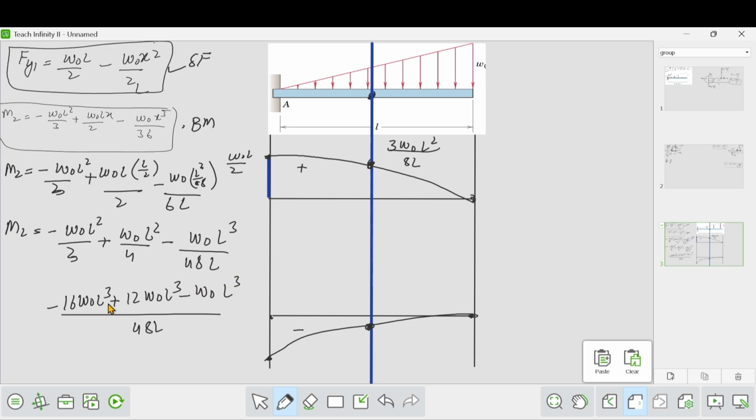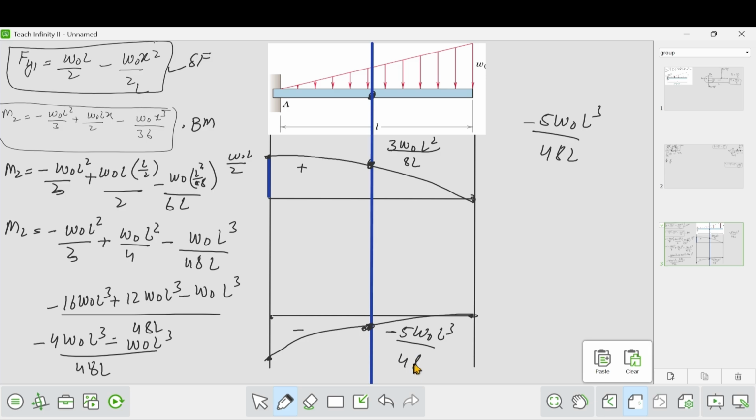So 12 minus 24, minus 12, will be negative 4 omega naught L cube. This will also be negative omega naught L cube divided by 48L. So this will become negative 5 omega naught L cube divided by 48L. So at this place the moment will be negative 5 omega naught L cube divided by 48.